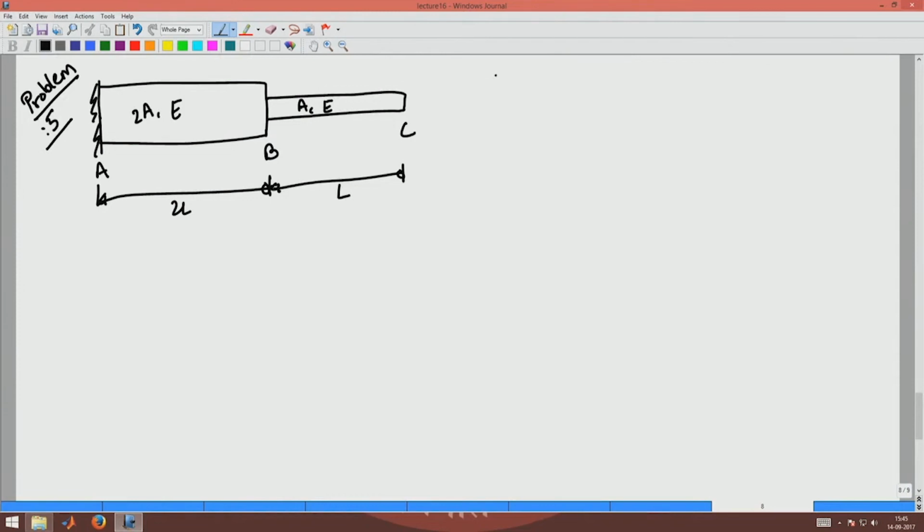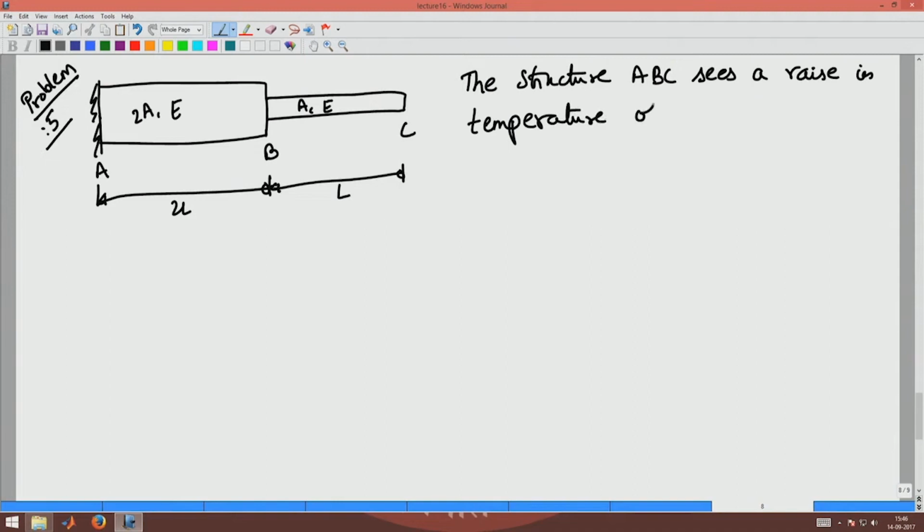This I am subjecting to a rise in temperature of delta theta. The structure ABC sees a rise in temperature of delta theta, and the coefficient of thermal expansion is alpha for both.